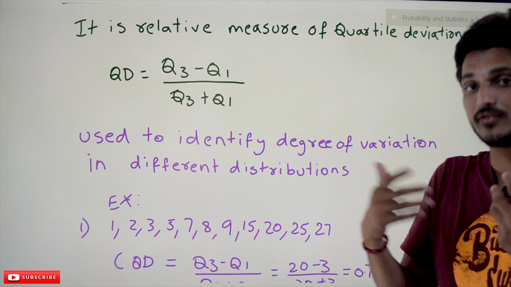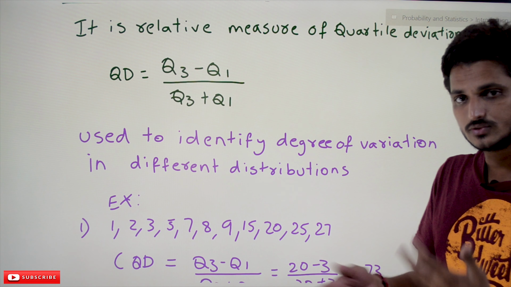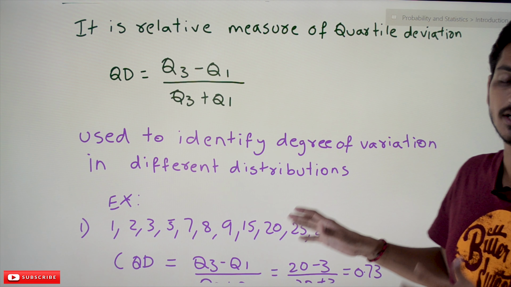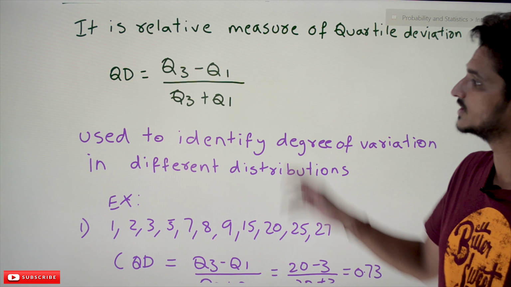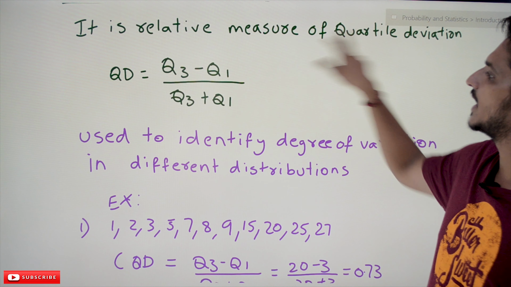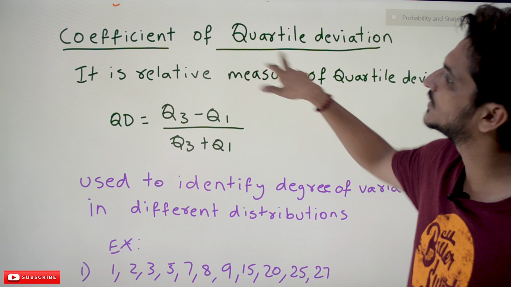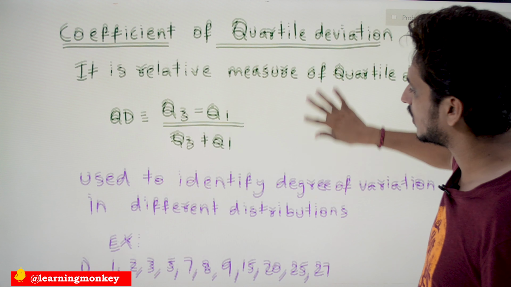If you are given two different distributions, we identify which one has the highest degree of variation using this relative measure, which we call the coefficient of quartile deviation.